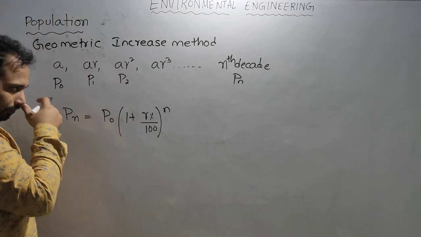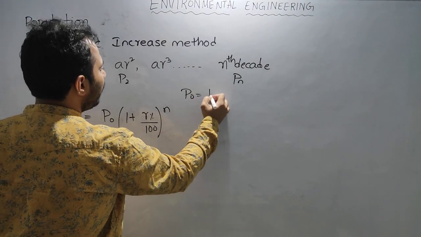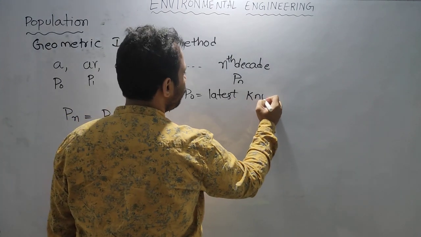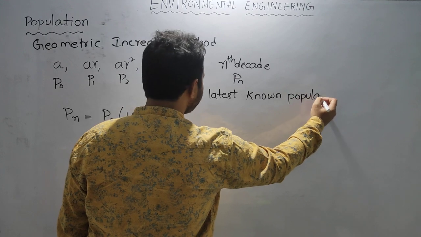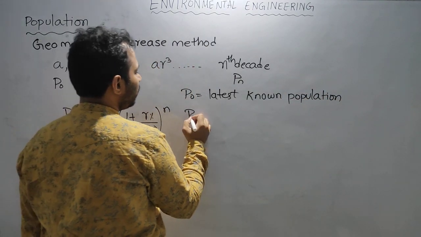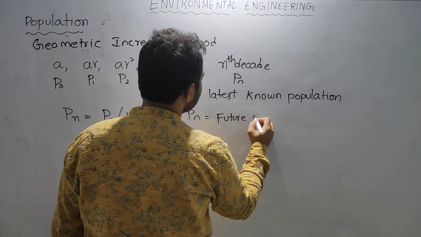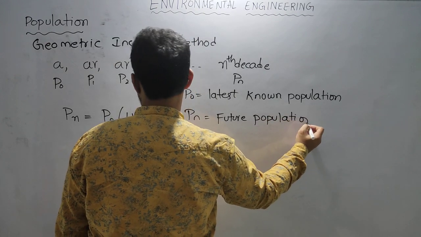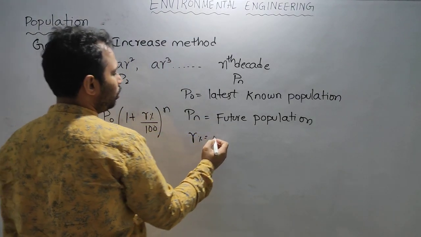Now, what is P naught? P naught is the latest known population, and Pn is the future population. R is the growth rate.